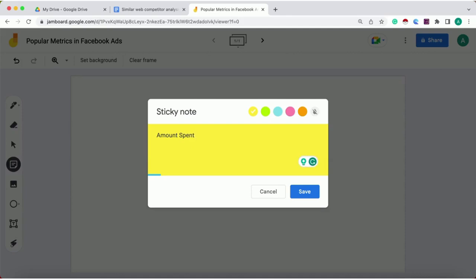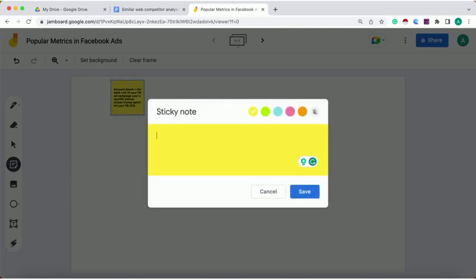It represents the actual money you have spent on running the ads. So it is the actual money spent on your Facebook ads. Okay, so amount spent is clear.